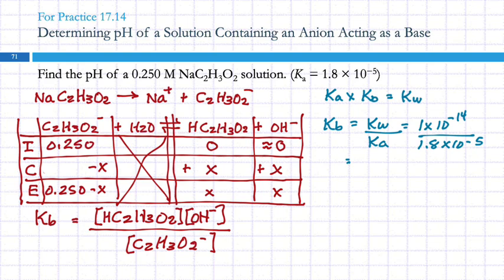Oops. Wrong button. 5.555 forever times 10 to the minus 10. Any questions so far?